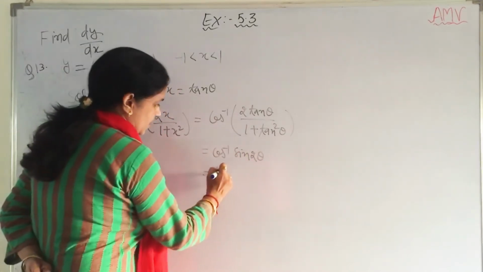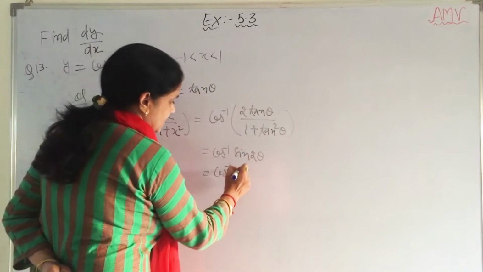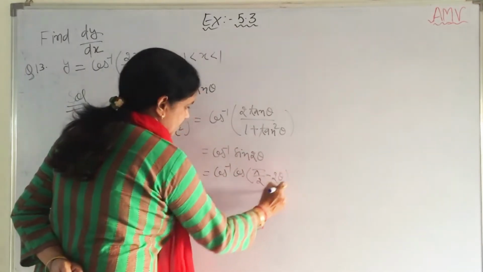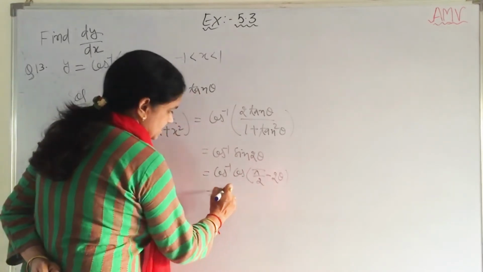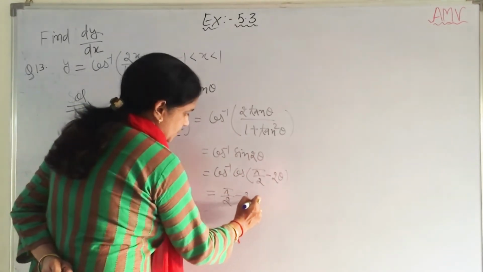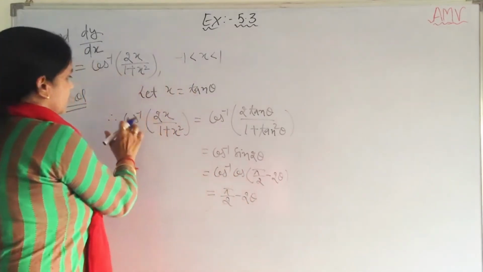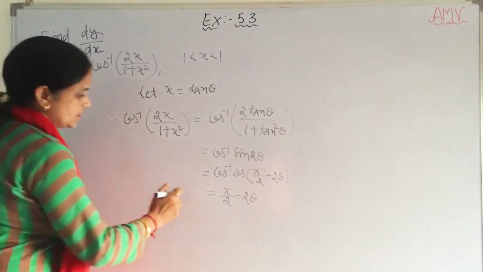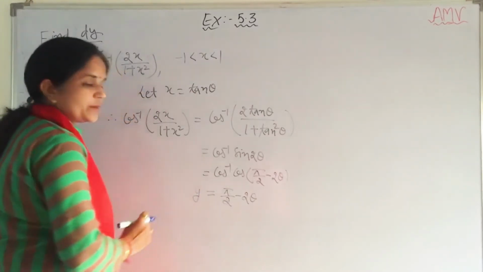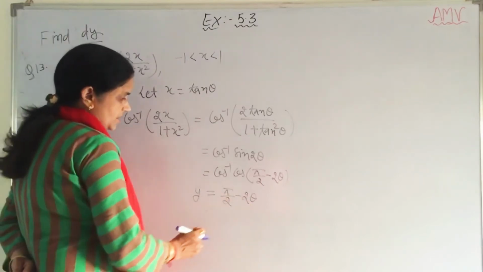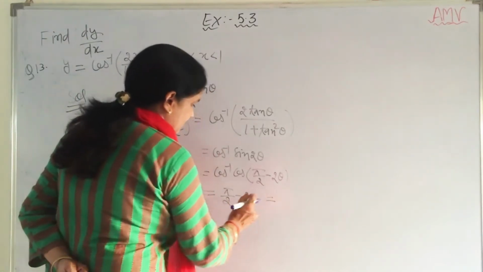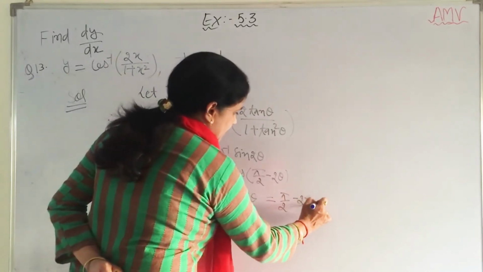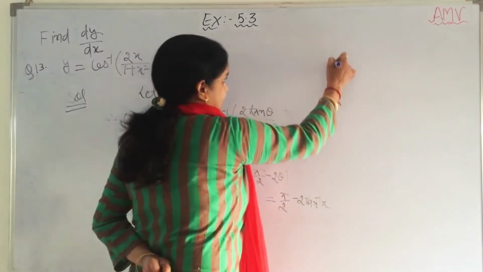Now cos inverse write as it is, and here it is cos of (pi by 2 minus 2 theta), and it is pi by 2 minus 2 theta. So y is equal to pi by 2 minus 2 theta. Now substitute the value of theta. It is pi by 2 minus 2 tan inverse x.